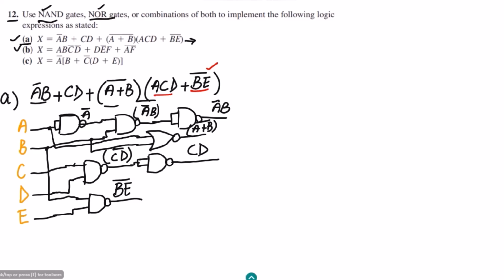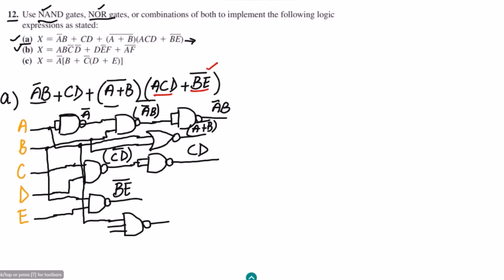So for ACD, let me use the gate here, and this is the 3 input NAND gate. The first input is A, so let me use this A here with this one.